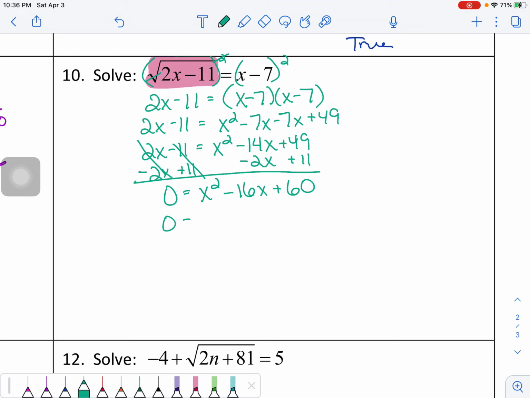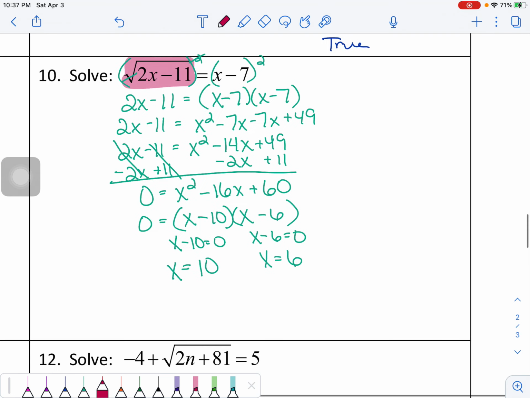Yeah, it looks like 60. That's factorable. Multiplies to positive 60, adds up to negative 16. How about a negative 10 and a negative 6? So now I'm going to take each factor, set it equal to 0, and then I've got possible answers of positive 10 or positive 6.